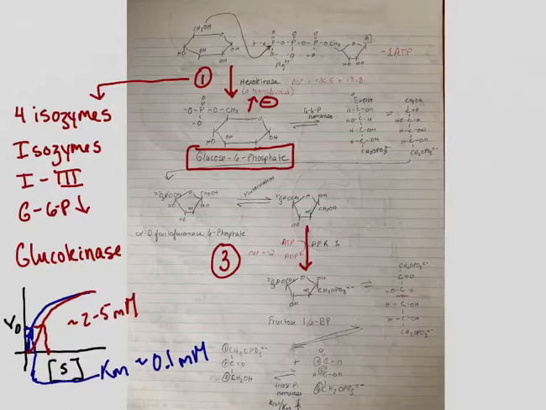Where isozyme 1, for example, is really quite specific to being a glycolytic enzyme, the goal of that isozyme is to create glucose 6-phosphate to go on to the rest of the steps of glycolysis. Glucokinase is there to create glucose 6-phosphate so that it can be utilized to build glycogen and store away for a rainy day within the liver.